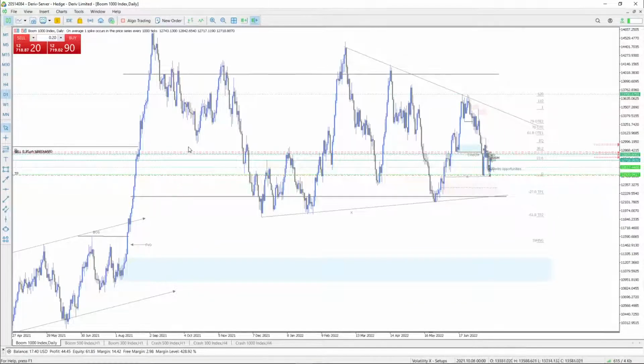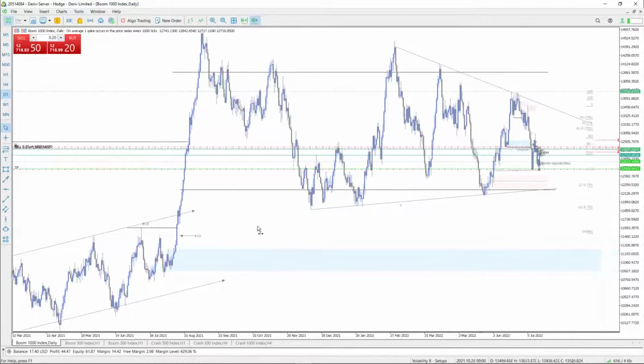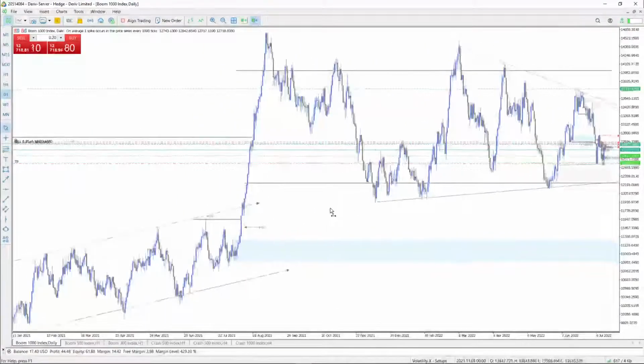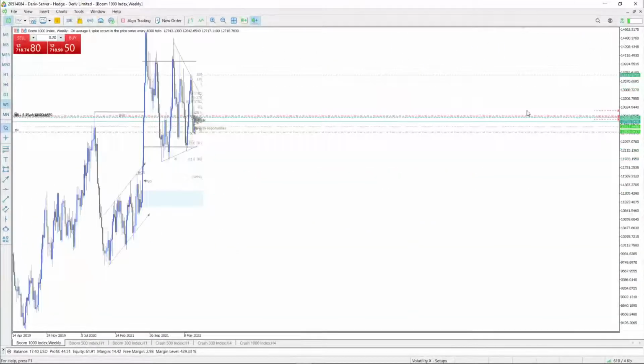So price is actually in an uptrend, and as you can see from the origin here. So let's go to the weekly time frame, and then you can already see we have a high, we have a low, we have a higher high, higher low, a higher high, higher low, higher high, higher low, and then we have the higher high here.